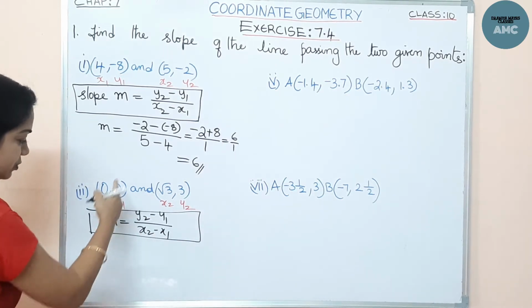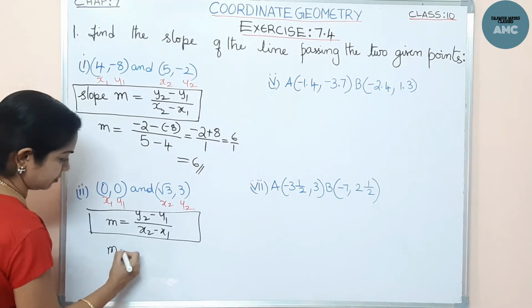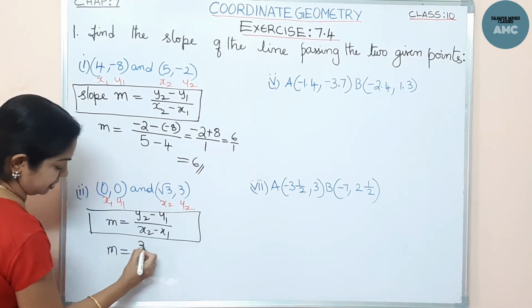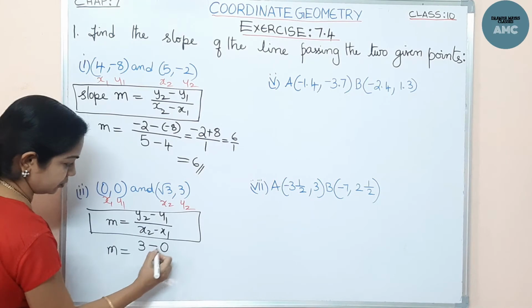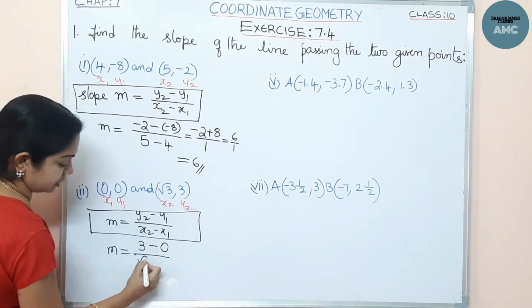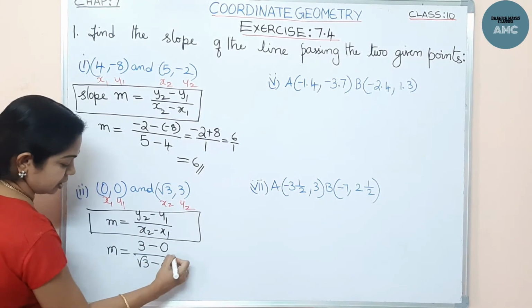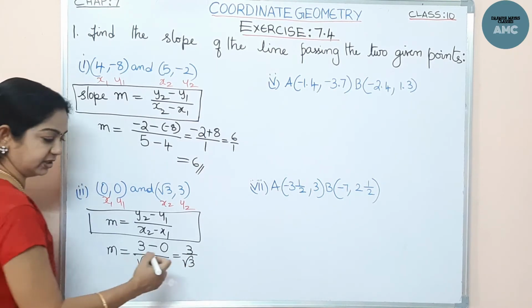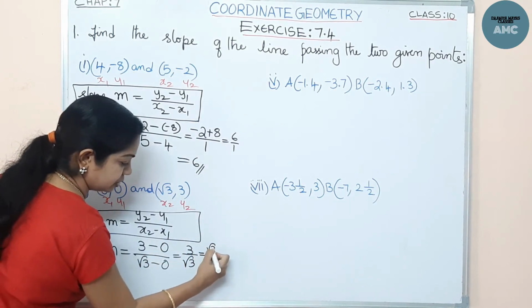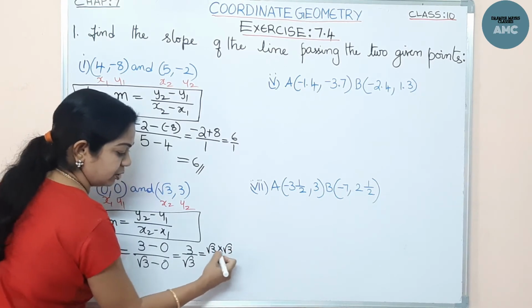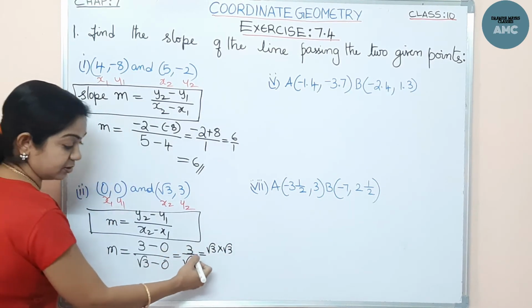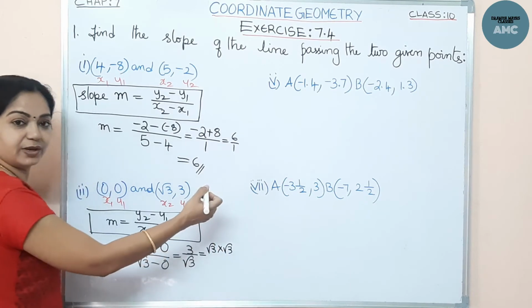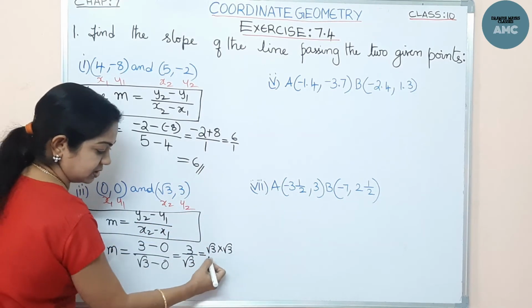Now we will substitute the values here. m equals y2 is 3 minus y1 is 0, by x2 is root 3 minus x1 is 0. So this comes to 3 by root 3. We can resolve 3: 3 is nothing but root 3 into root 3. Root 3 squared gets cancelled, so root 3 is left over.